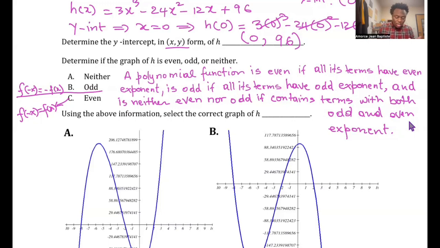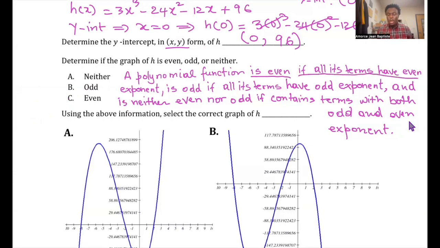But also in the case of a polynomial function, you can say that the polynomial function is even if all of its terms have even exponents.